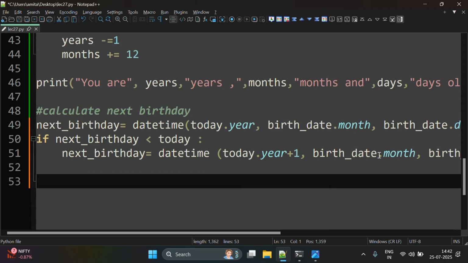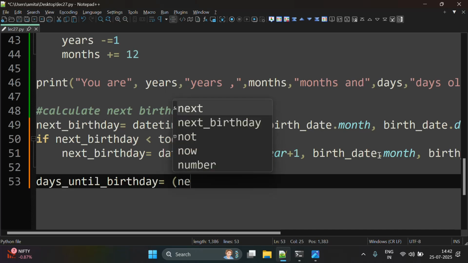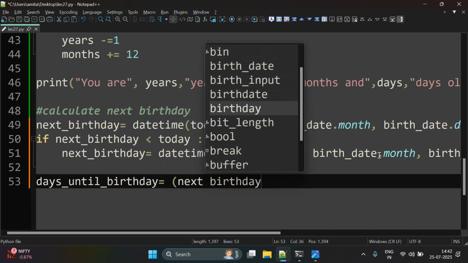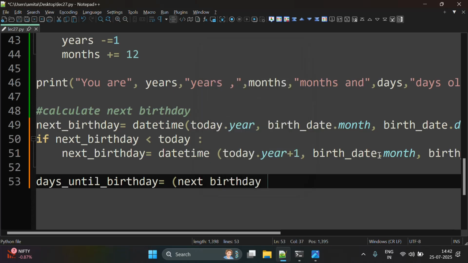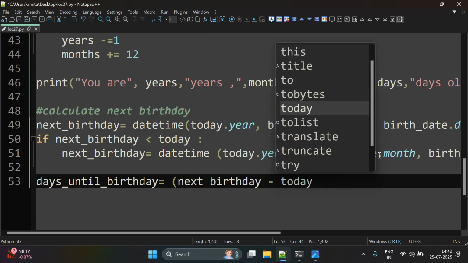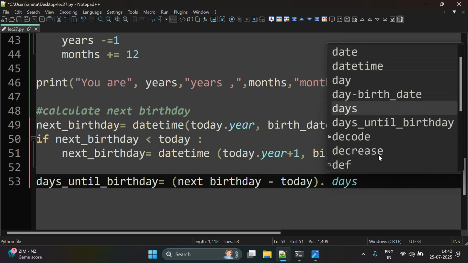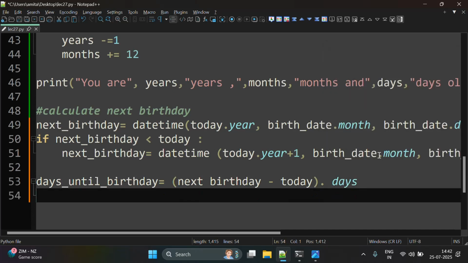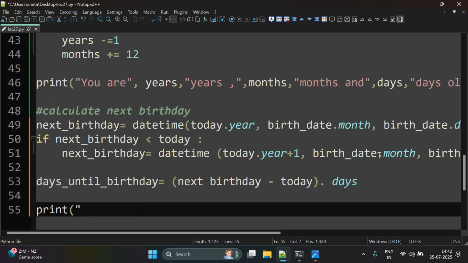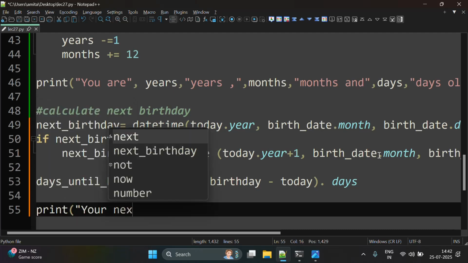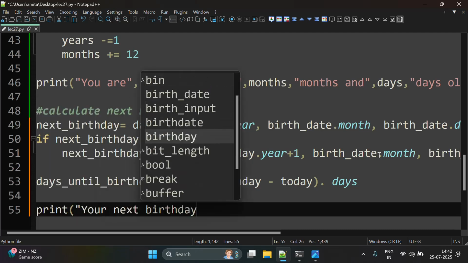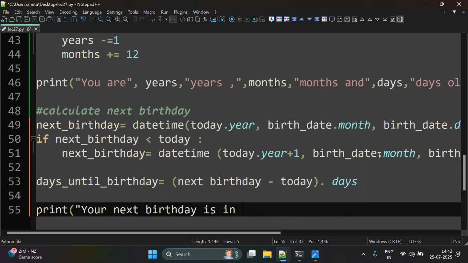And then what we are going to do is calculate the days until the birthday. So days until birthday is equal to next birthday minus today dot days, and then we will print your next birthday is in.